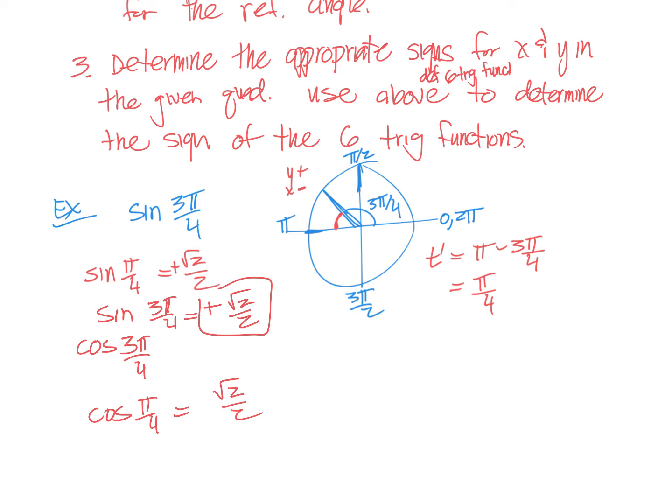But cosine deals with x, and in quadrant 2, x is negative, because cosine of theta is x. That's why we add the negative in.